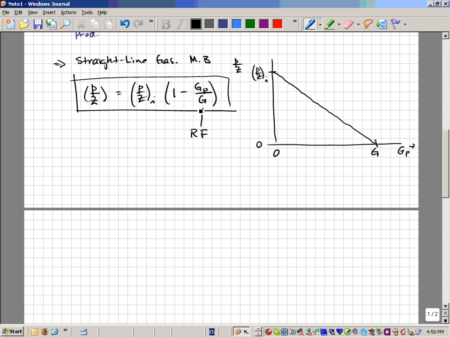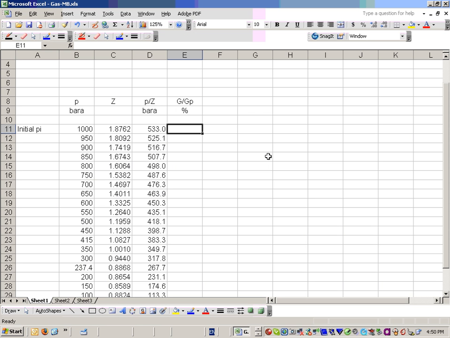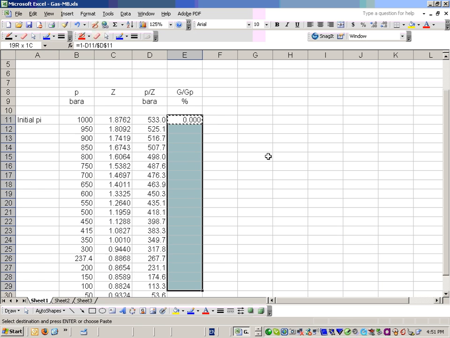And we calculate GP over G by rewriting this equation as 1 minus P over Z divided by the initial P over Z. So that's a simple calculation here. Divided by the initial, and we assume 1,000 bar, which is 15,000 psi. We have a field in Norway at that pressure, the Kristin field, a little over 900 bar initial pressure.